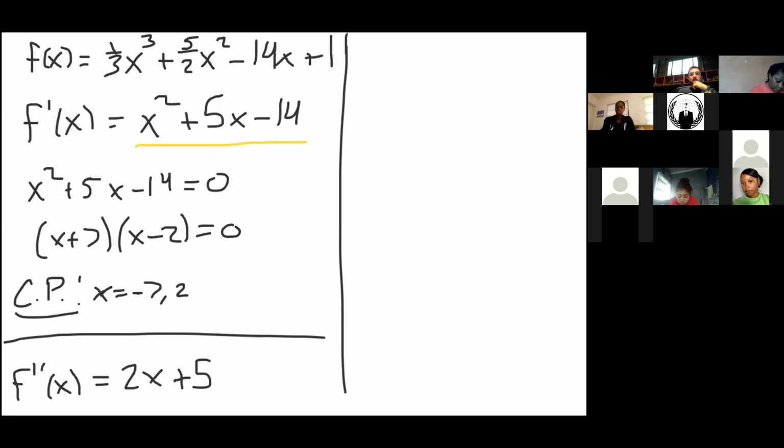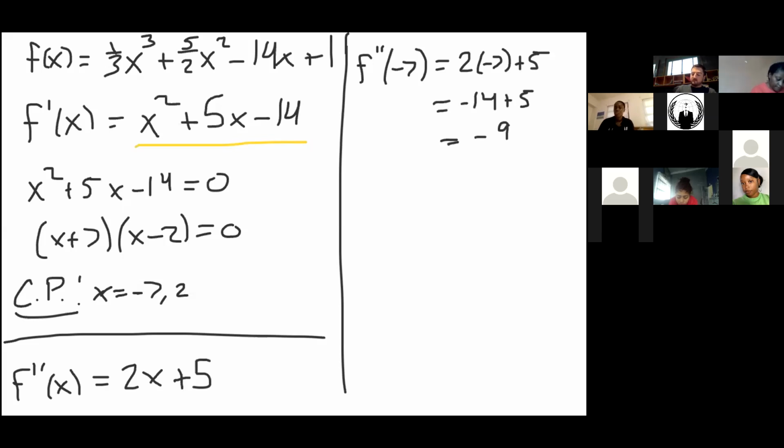After that, plug in my critical values into my second derivative. The first one is negative 7, so this is 2 times negative 7 plus 5, negative 14 plus 5, which is negative 9.